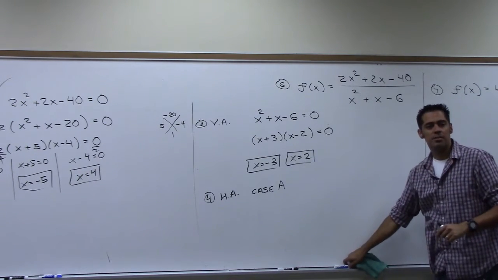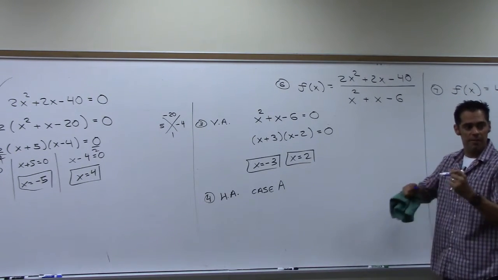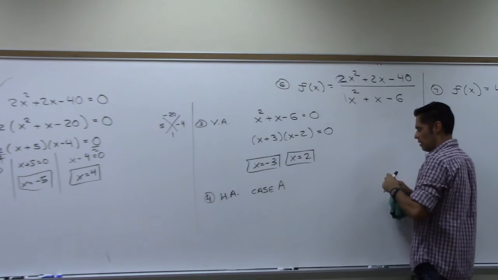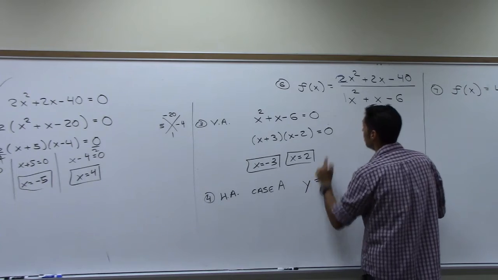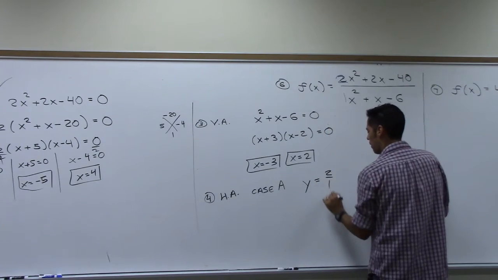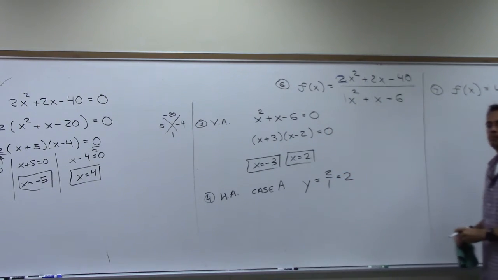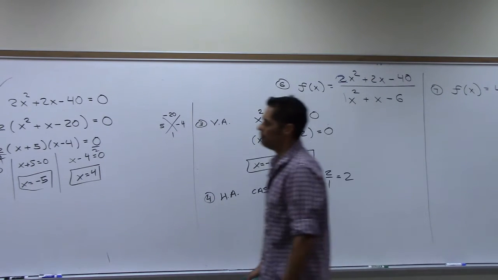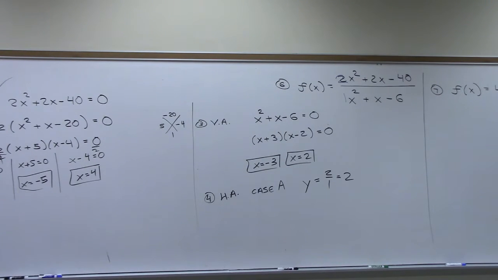So in this case, you look at the numbers in front of the x squared. 2 and a 1, right? And you say y equals 2 over 1, which is 2. And that's everything I need. I can start drawing it now. Draw it over here.